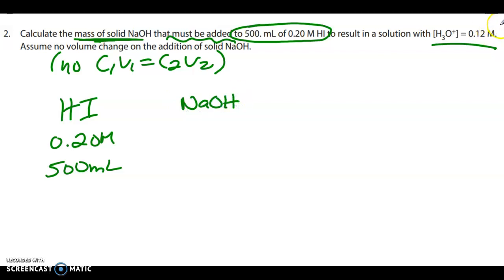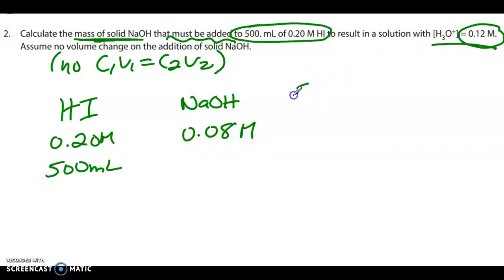So we want to be left with a resultant 0.12 moles per liter. You have to think that essentially there should be 0.12 moles per liter of HI remaining after NaOH was added. So really what that means is we need 0.08 moles per liter of NaOH.